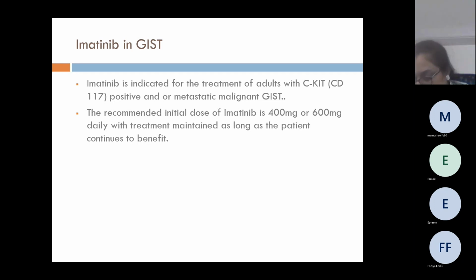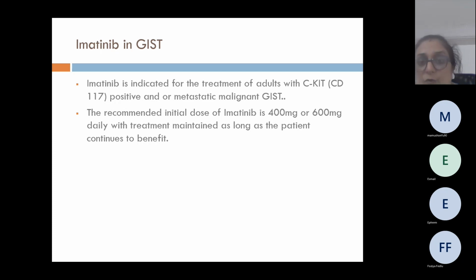So basically, if the patient is c-KIT positive, obviously patients have to be put on imatinib, and also patients who are in the metastatic state. That means if the disease has spread outside the GI tract, there also imatinib is used, right?